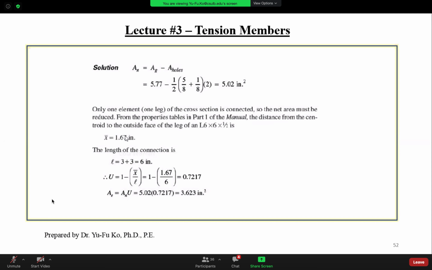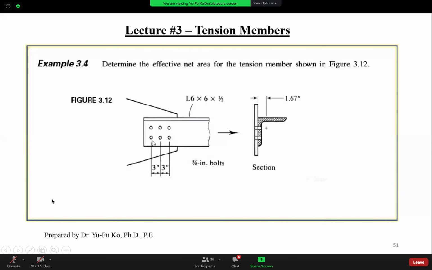Now, there's only one element connected to the gusset plate, meaning only one leg. So the net area must be reduced by shear lag effect. The X bar from the manual, like I told you, is 1.67 inch. Based on the equation, U is 1 minus X bar over L. L is the distance from the end of the bolt to the other end of the bolt, so this is the connection length.